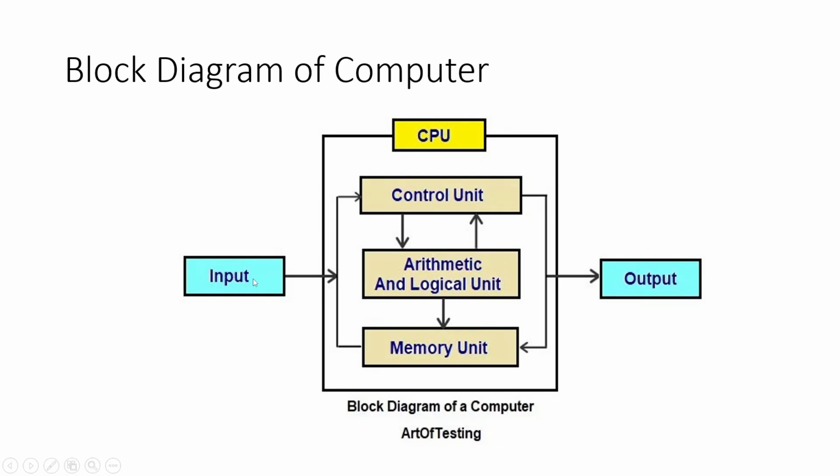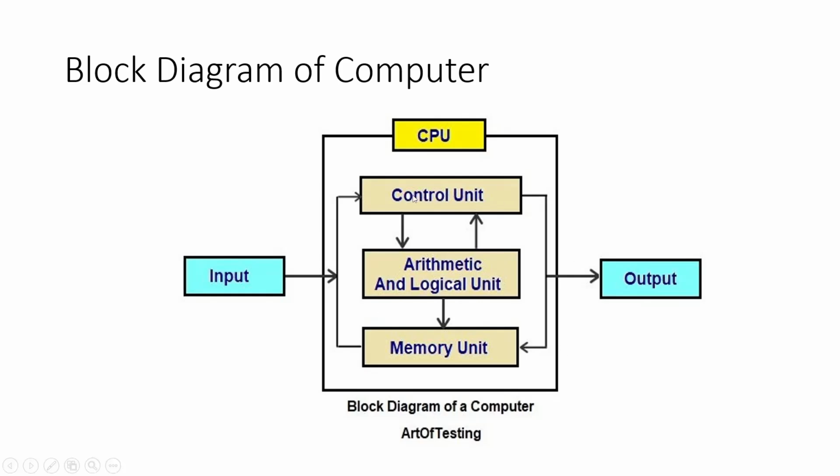What is the working of the input device? It accepts all the instructions from the users, then sends them to the CPU, which performs the task and sends the output to the output unit. The user can see the output from the output devices.